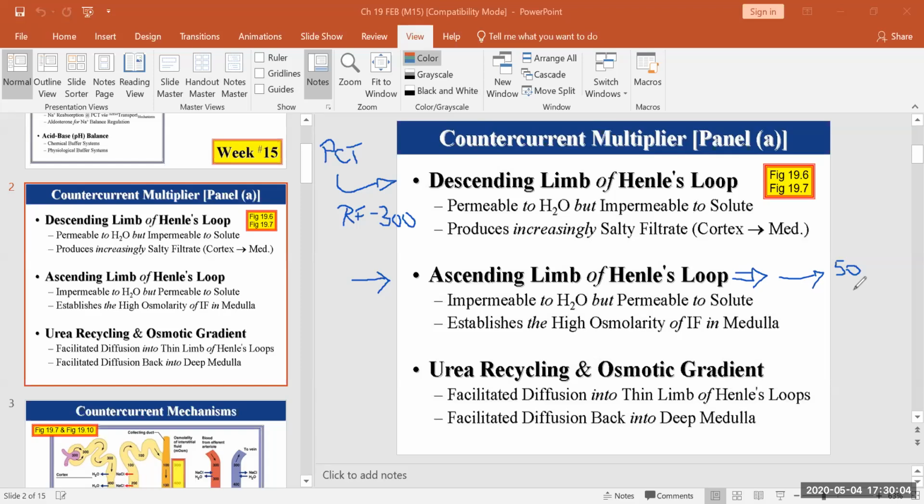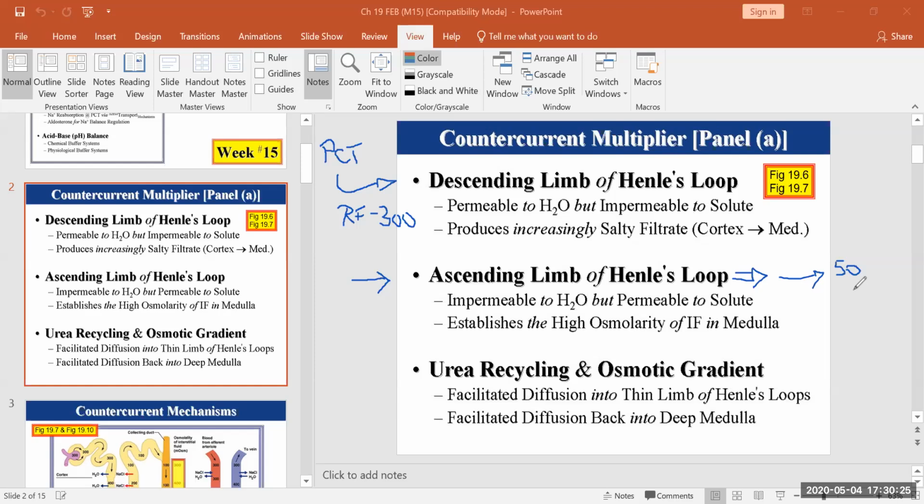So this is how the loop of Henle is basically setting the concentration gradient, the osmotic gradient in your medulla. And that's panel 7 on figure 19.7.